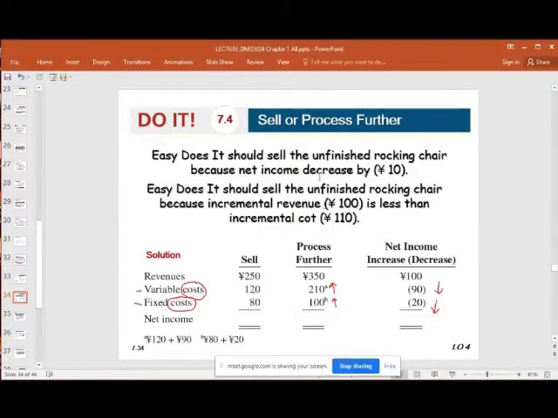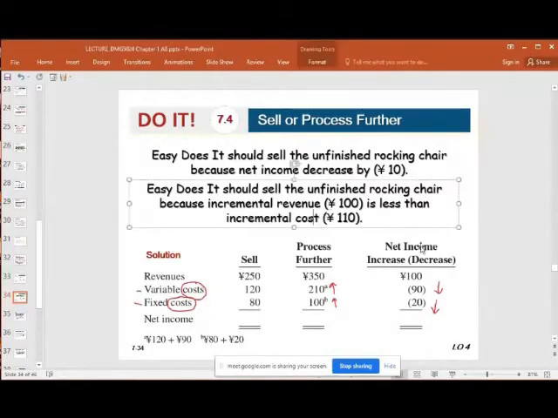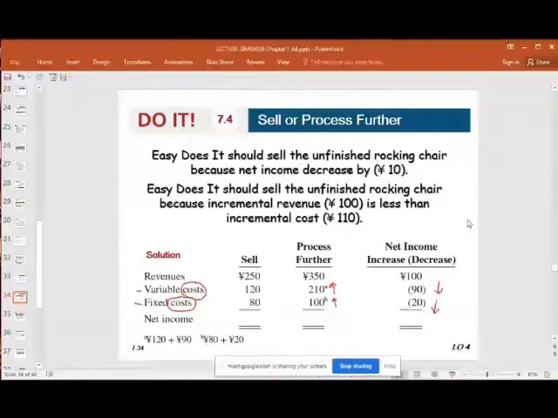So class, you can choose either one. Incremental revenue, which is 100, is lesser than incremental cost. So this is sell or process further, class.